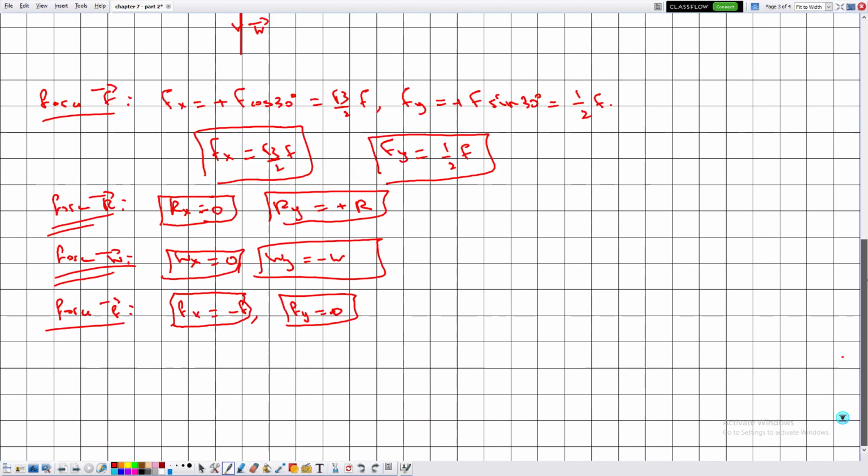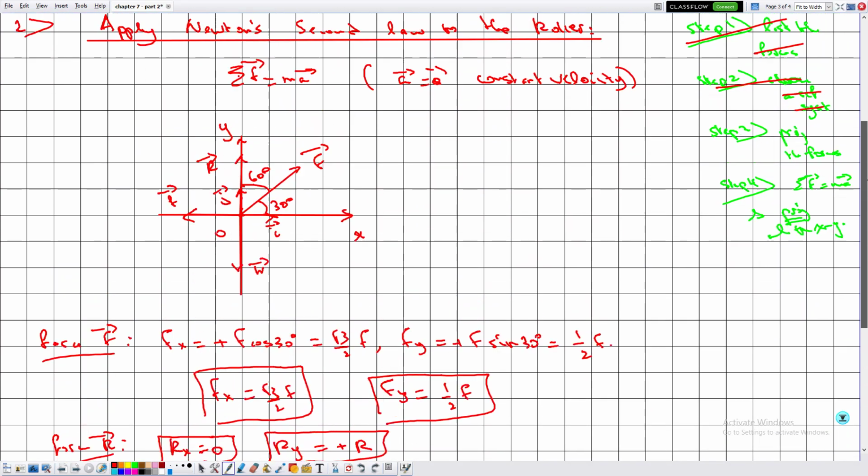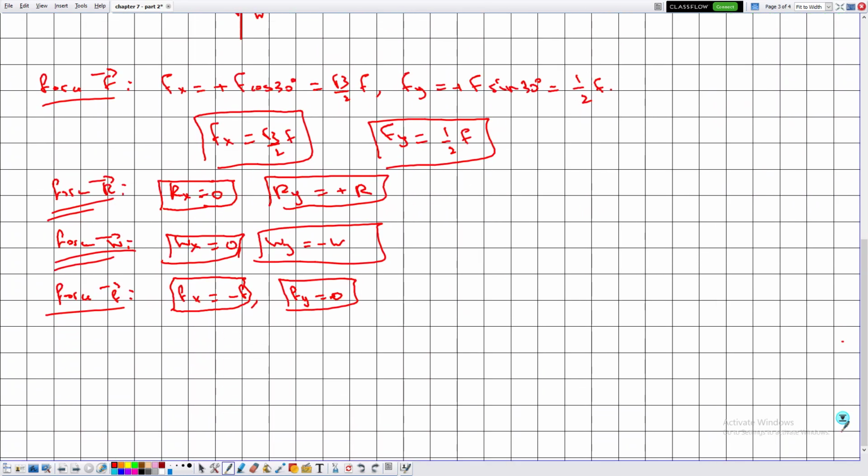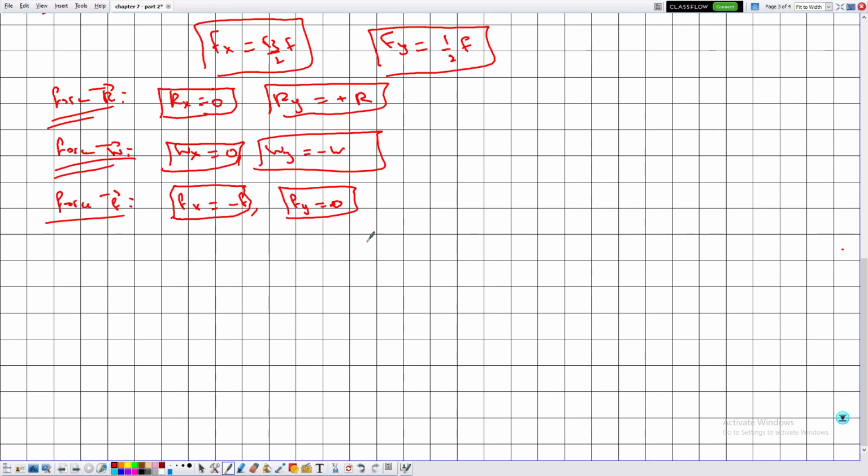Here we have that the sum of forces is equal to 0. Then let's do the projection along the x-axis.